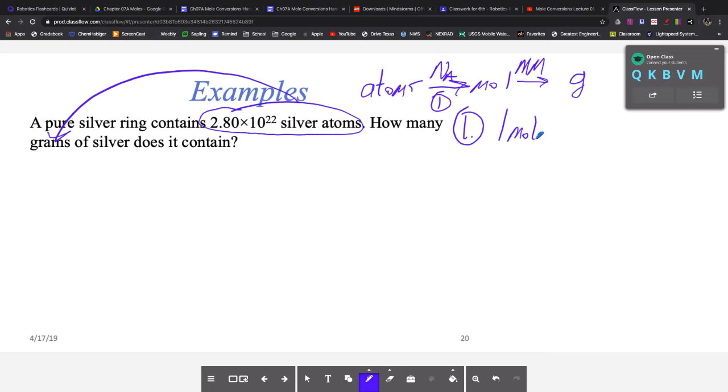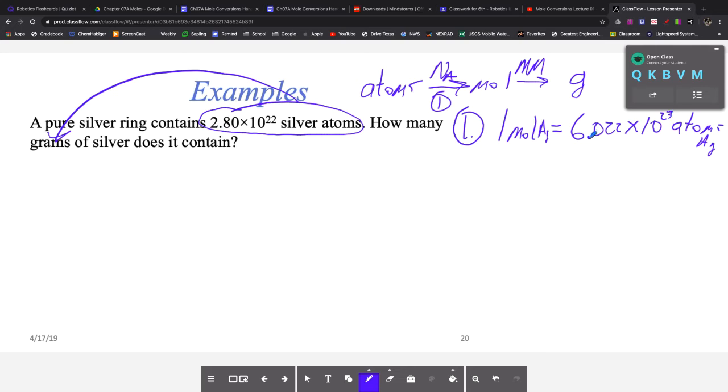Since silver is an element, its particles are atoms. So 1 mole of silver is equal to 6.022 times 10 to the 23rd atoms of silver. Okay, it's atoms because silver is an element.